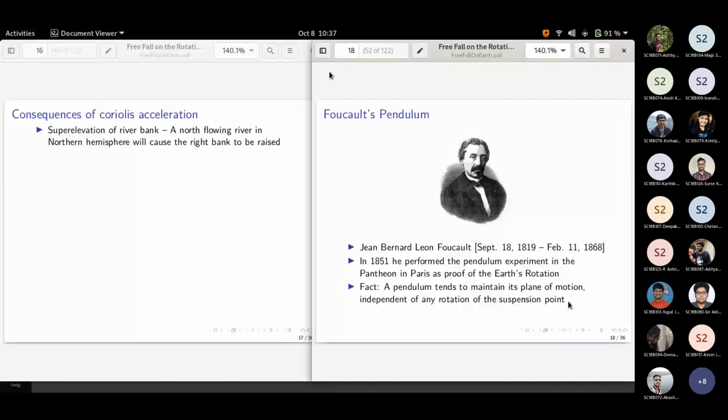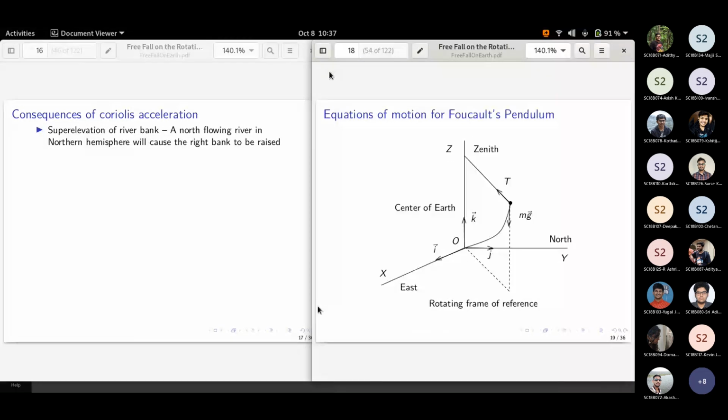So for that, you are in the east-north-zenith plane. You have erected a large vertical pendulum, which is free to oscillate not only along a plane but also across the plane.